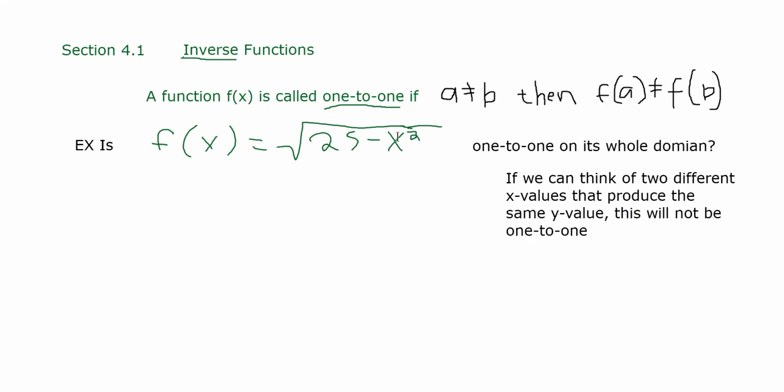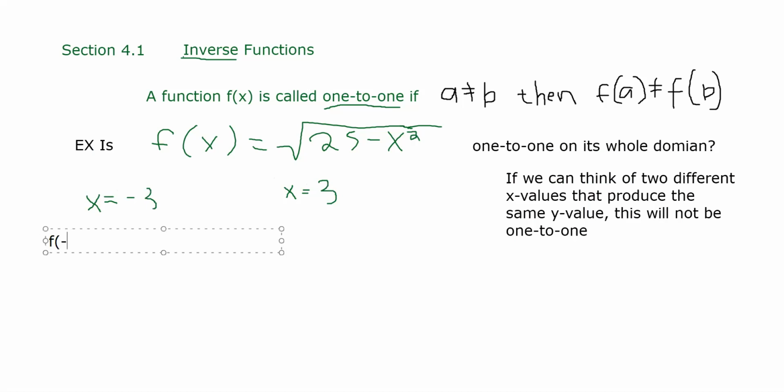So actually, we can just think of maybe two x values that are just negatives of each other, and that's a good guess. So why don't we try x equals -3, and let's try x equals +3. Let's try those out into the function.